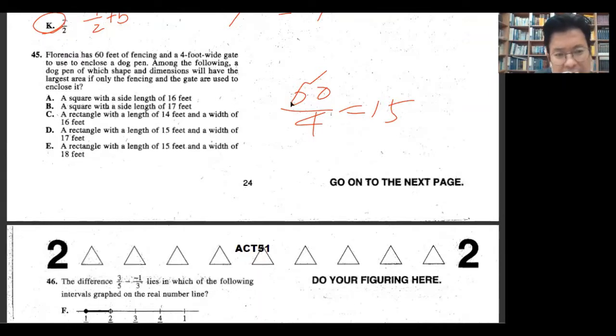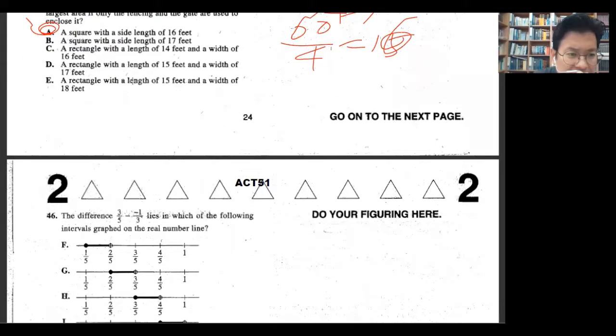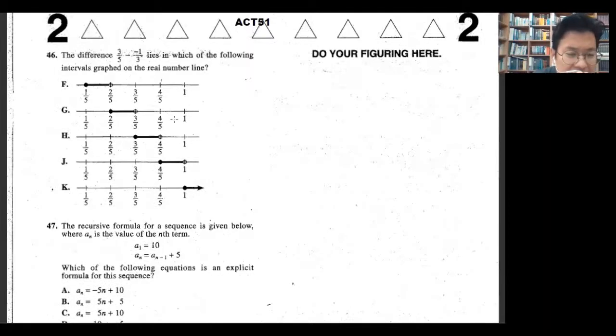So we can add it up 4 more. So 16. Square of 16 is 8. You can set it up, but then the B is impossible because we don't have enough fencing. And then C, if you multiply A or C or D or whatever, the largest area that you can find is A within the given fence itself.